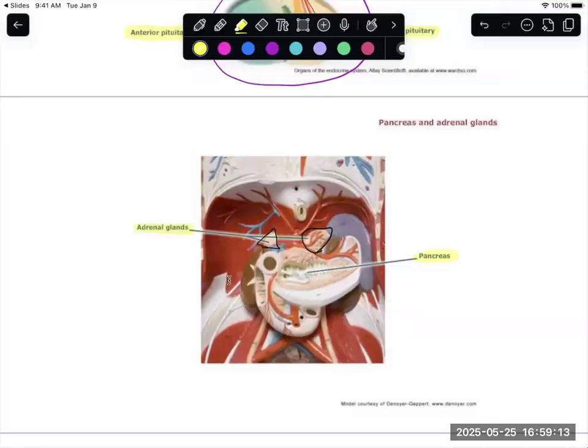The other main hormone you need to know from this pancreas is glucagon. Glucagon comes from those alpha cells, and this is the hormone that raises your blood sugar. These two hormones are known as antagonistic because they work opposite of each other. Insulin is going to lower your blood glucose level. Glucagon is going to raise your blood glucose levels.